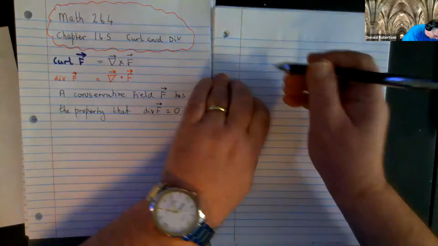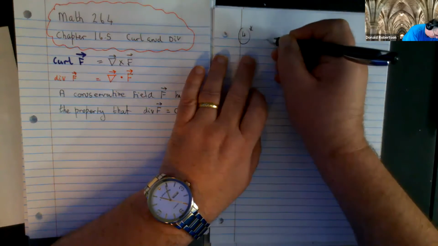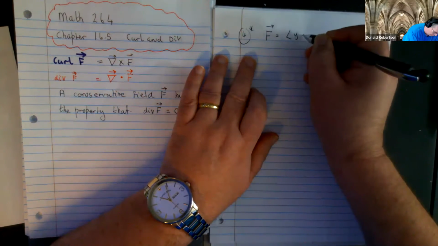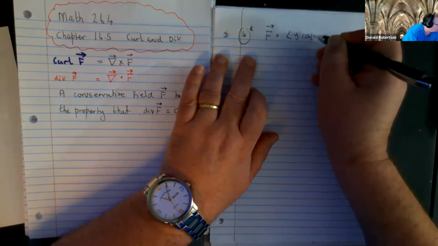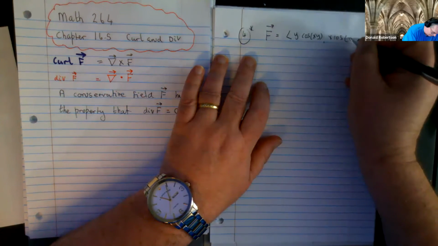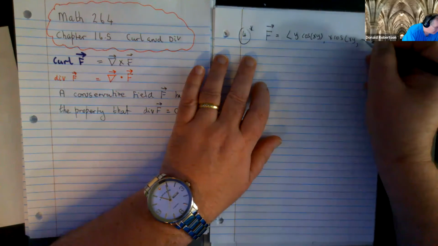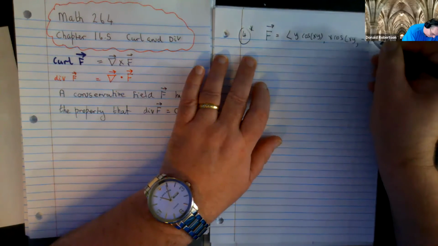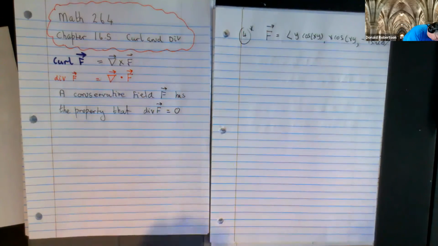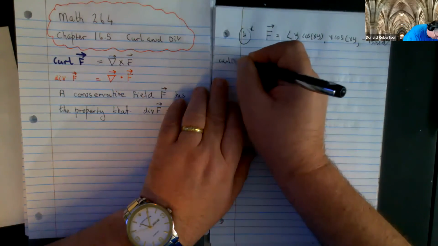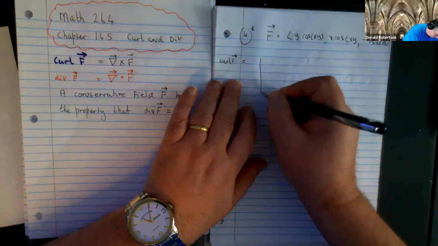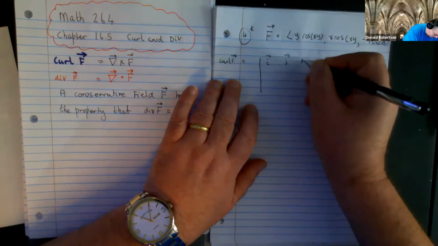So in question 4, the vector field is y cosine of xy, x cosine of xy, and -9 sine of z. And we're going to find the curl of F. So we set up i, j, and k.